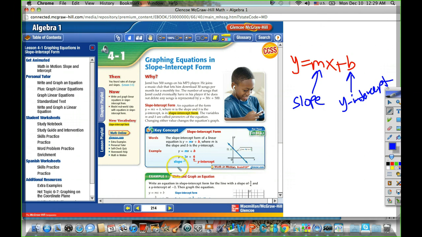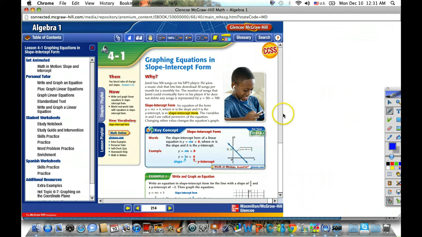Here you go again in the textbook. If you have y equals 2x plus 6, the 2 will represent the slope, and the 6 will represent the y-intercept.